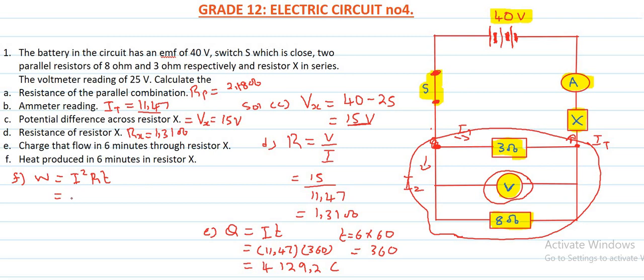The current through resistor X we calculated, we got 11,47. The resistor was 1,31 and the time in seconds is 360. Then the heat produced is 62,044,12 joules. That will be all for today.